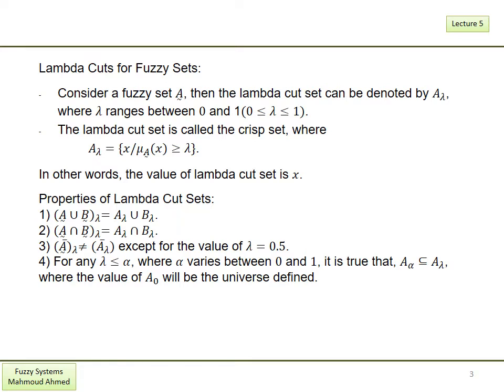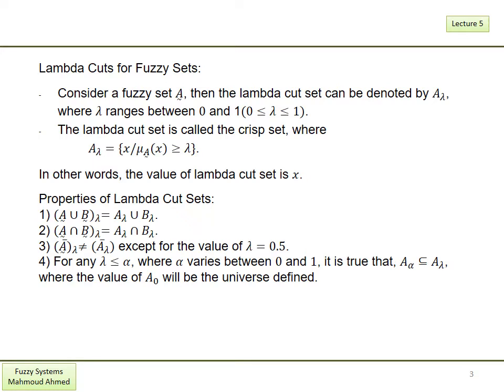As we said before, a fuzzy quantity is described in a given range, not an absolute value as for a crisp quantity. Mathematically, A lambda is the set of x such that the membership function mu A is greater than or equal to lambda.